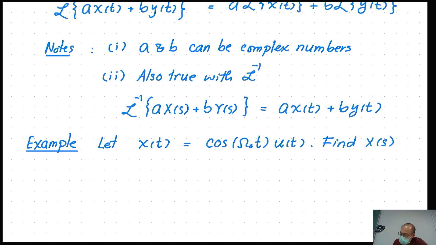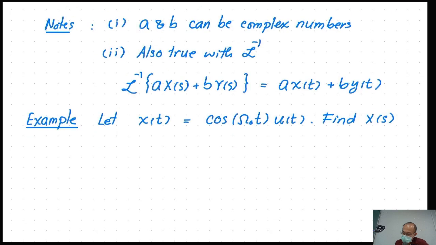Now, to do this, remember what I've told you before. In this course, about 99% of the time, whenever you see cosine or sine, you should convert it into complex exponentials using Euler's identity. So we know that cosine of theta equals e to the j theta plus e to the negative j theta over 2.